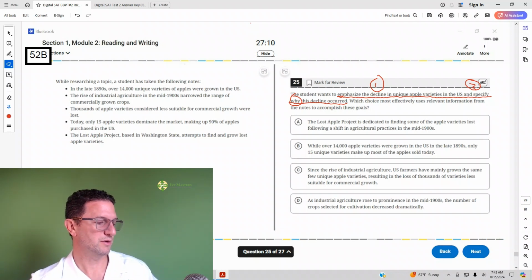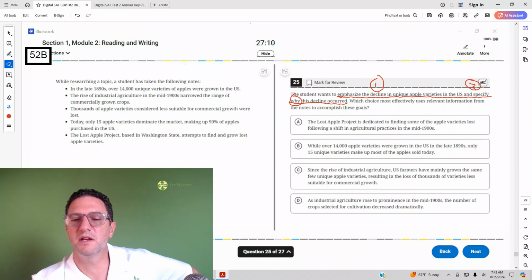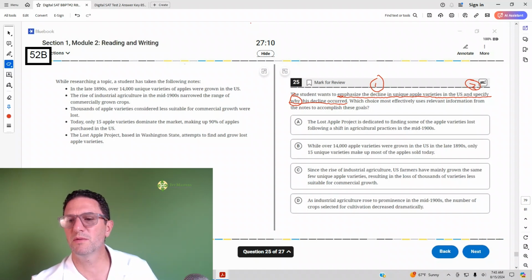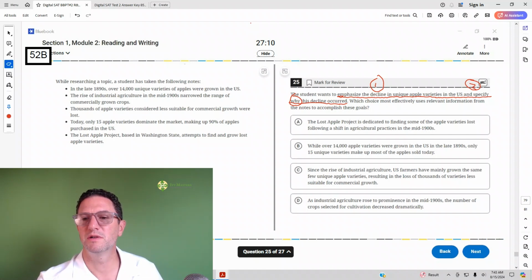When we look at the answer choices, answer choice A: the lost apple project is dedicated to finding some of the apple varieties that were lost following the shift in agricultural practices in the mid-1900s. It's not about the decline. That's gone.